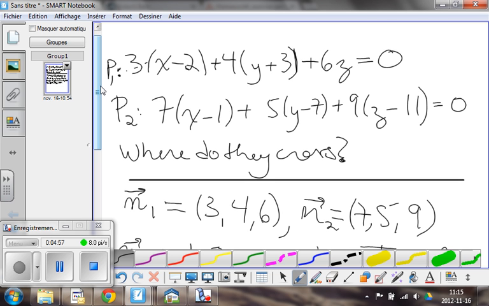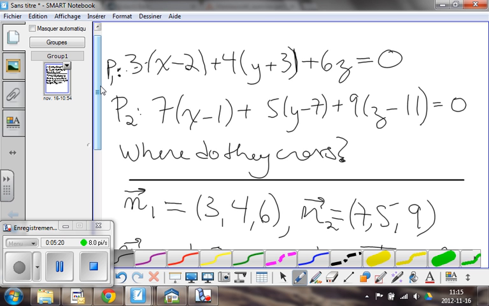So if a point is at the intersection, it's on plane 1 and it's also on plane 2. It means that both the equations for the planes are respected. We're looking for points that are on this plane and on that plane. So we're going to make a system with these two equations and solve the system. Does that make sense? Yes.